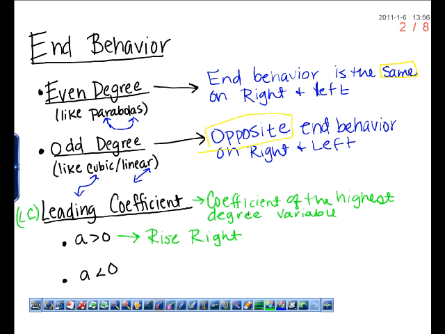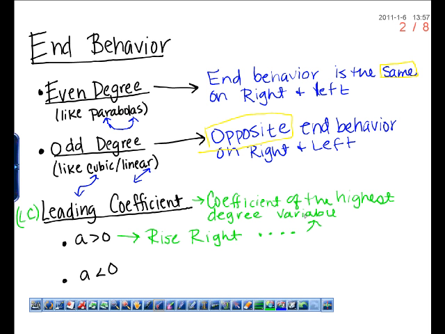So as you look to the right of the graph, the arrow on the right-hand side is pointing up. I don't have any idea what the rest of the graph looks like. I just know somewhere on the right side, it's pointing up. It could do anything it wants over here. But A greater than 0 tells me that as you go really, really big to the right, you're going to have to look up to get your arrow.